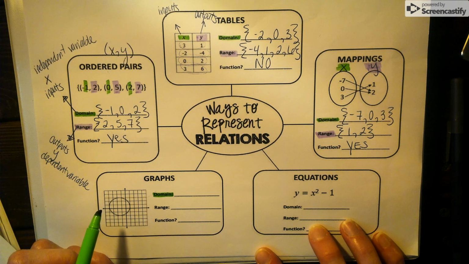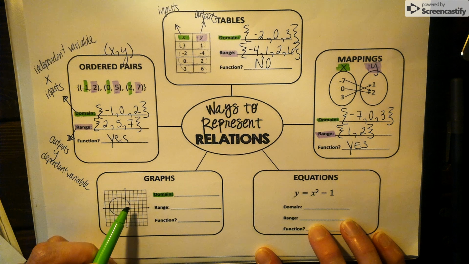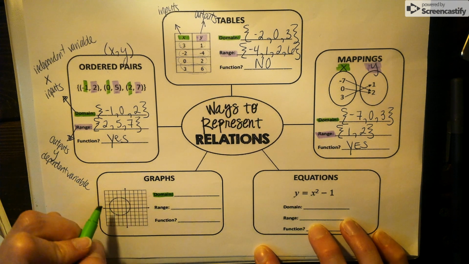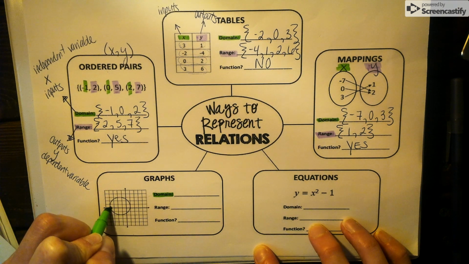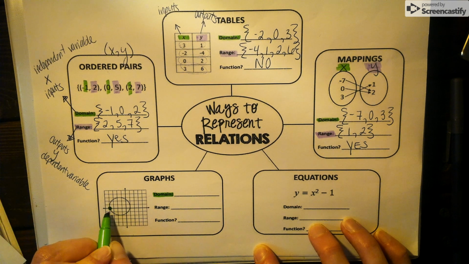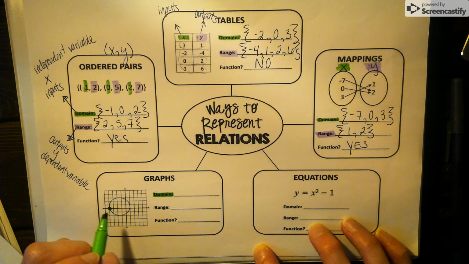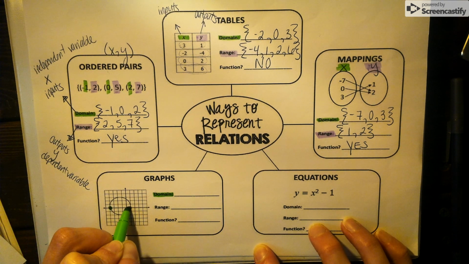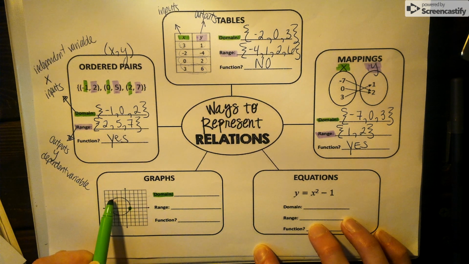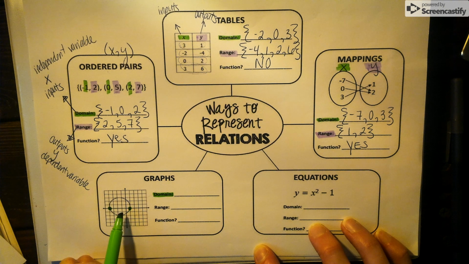And what I want to draw my attention to is where this circle crosses the x-axis. I see it touches the x-axis at this point over here, and it touches the x-axis at this point. So the only parts of this circle that are touching the x-axis are these 2 endpoints.